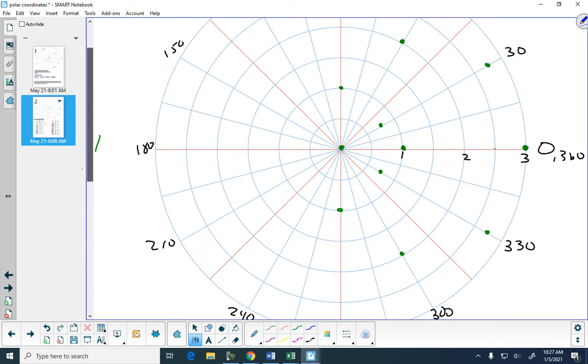So we go 0, 30, 60, 90, 120. So we're going to start here at the 0. We're going to go up to 30, 60, 90, 120, right to 0. Then we go 150, so we're going to continue through, back to 0. Then continue for the rest of our graph.